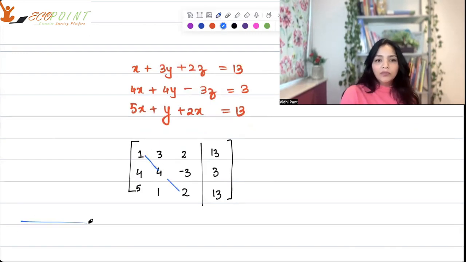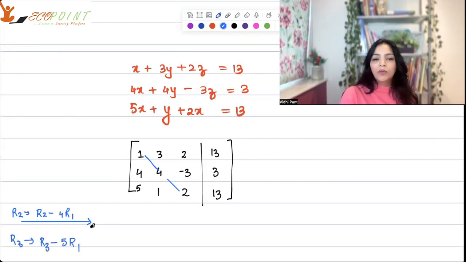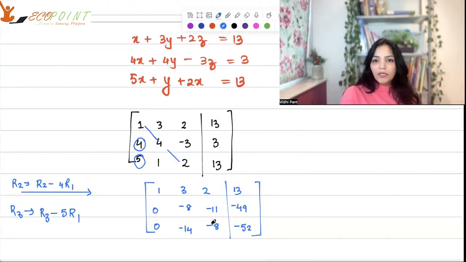So we will be using our row operations. Number 1 will be R2 goes to R2 minus 4 times R1, and R3 goes to R3 minus 5 times R1, because that will give me a 0 here and a 0 here. This is the matrix that you will achieve after using these two row operations.